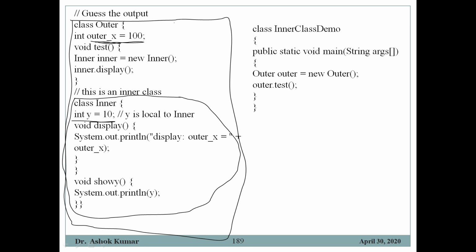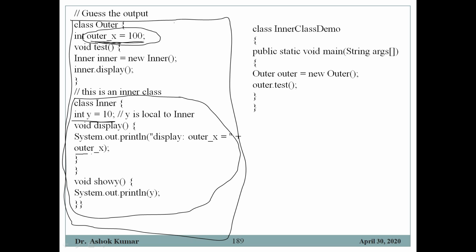In the test method, you can't write system.out.println y, because y is in the inner class and it cannot be accessed directly from the outer class. But outer x, outer underscore x, can be directly accessed from the inner class.